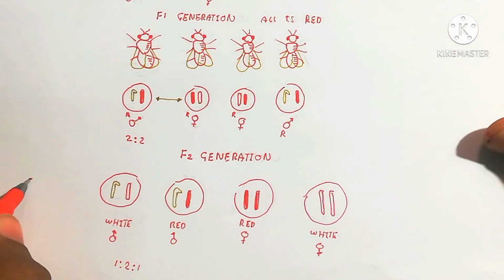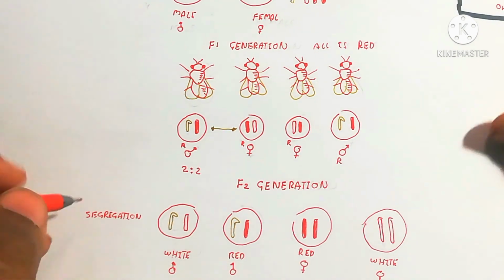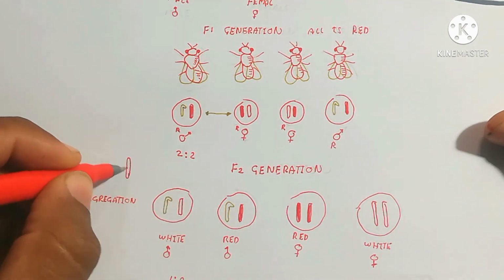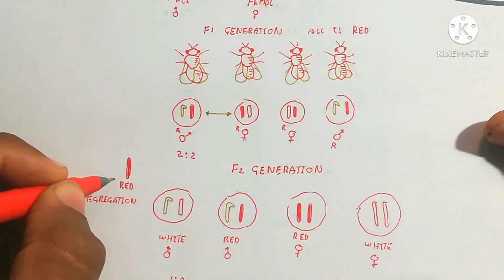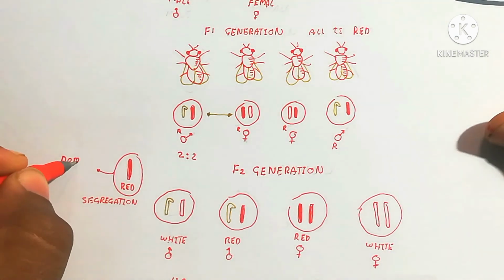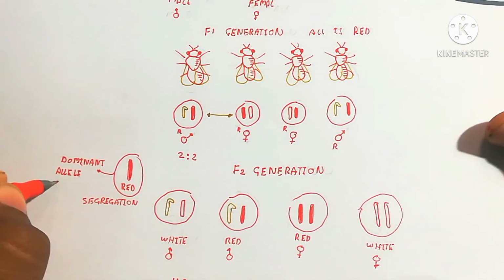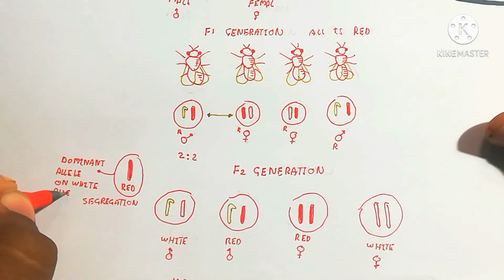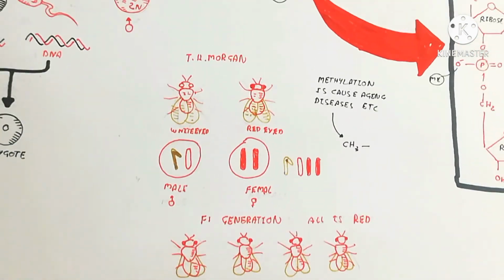Why? Because of the law of segregation, which formulated Mendel's law, and Mendel was true. Why? Because of the segregation of chromosomes. So the dominant red color which is present can produce.